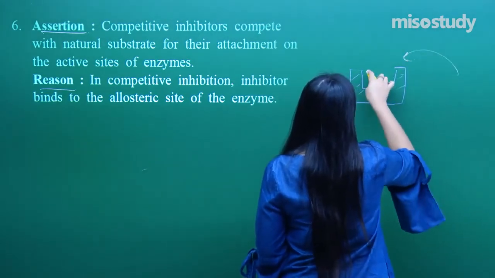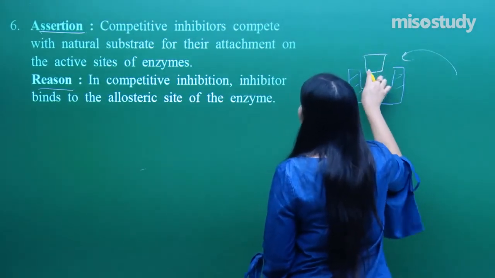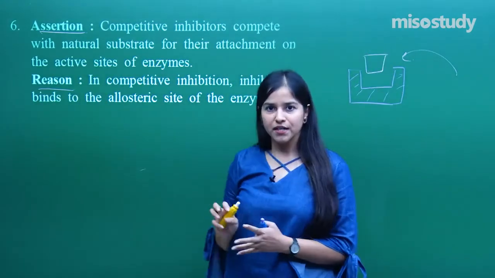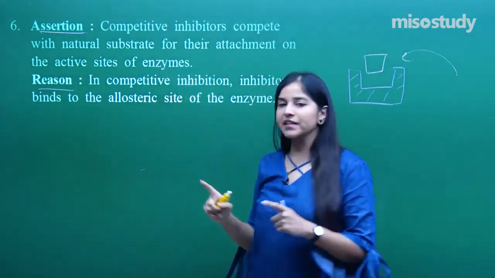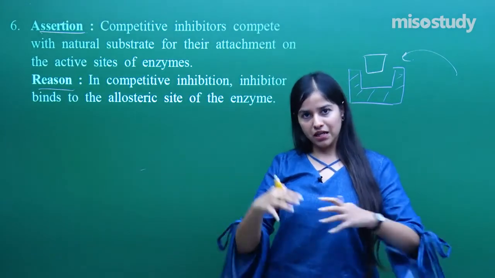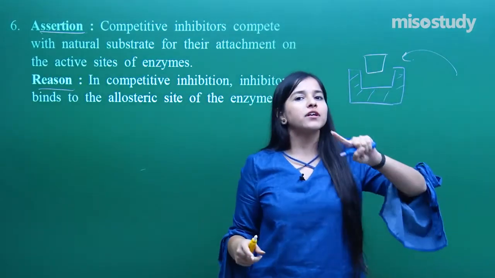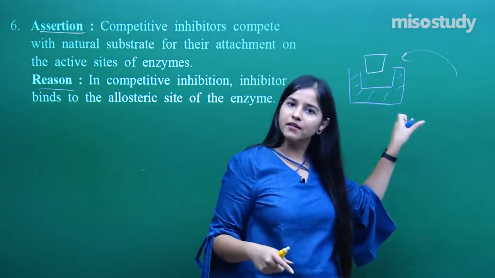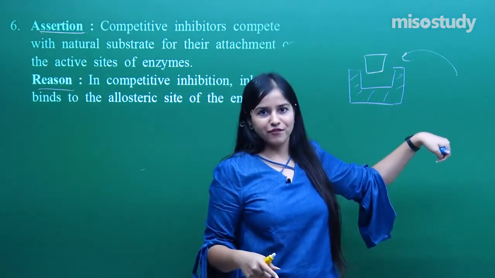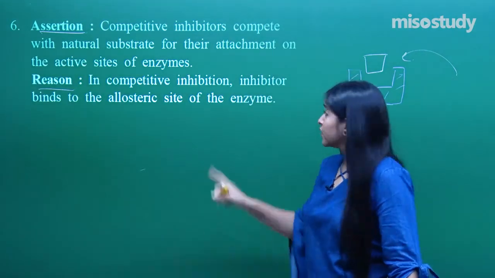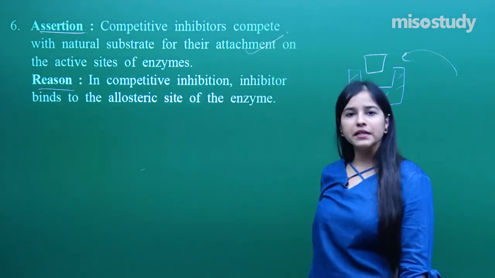Here the natural substrate has to come. But what the competitive inhibitors do is they compete with the natural substrate, and they do not allow it to fix in here. Instead, they get in here. So this is the competition that the natural substrate faces. So the first statement is completely correct.